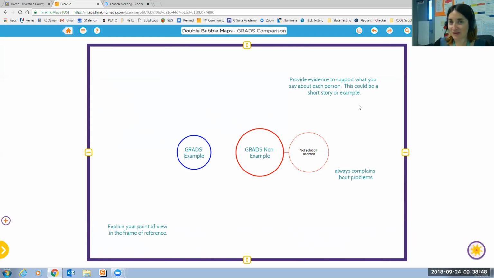We should always have a frame of reference. And our frame of reference is going to tell us something. For a double bubble map, we'd like to hear about your perspective, your point of view. How did that affect what you're talking about? And we almost always try to incorporate some kind of evidence to support what we're saying, because now that we're in high school, we have to use evidence to support our opinions.